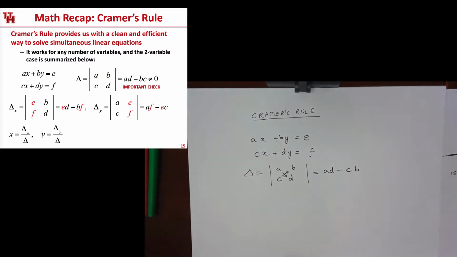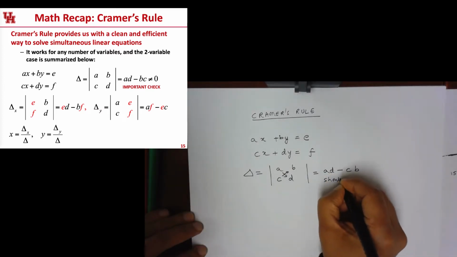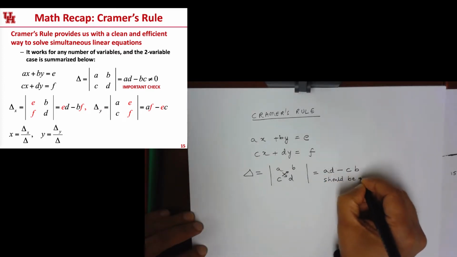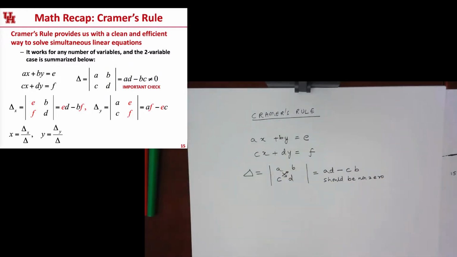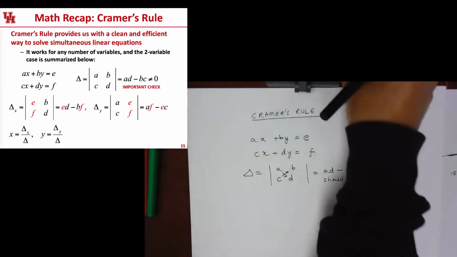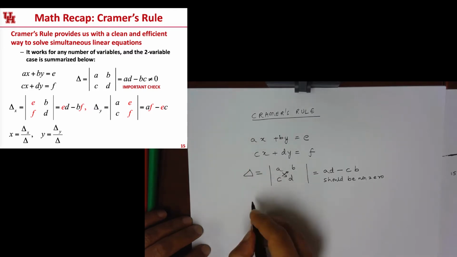One of the important things is we want to make sure that this is not equal to 0. It should be non-zero, because if this is 0, then we probably don't have a good solution to this simultaneous pair of equations. Now, let's form another determinant, and let's call that delta x.